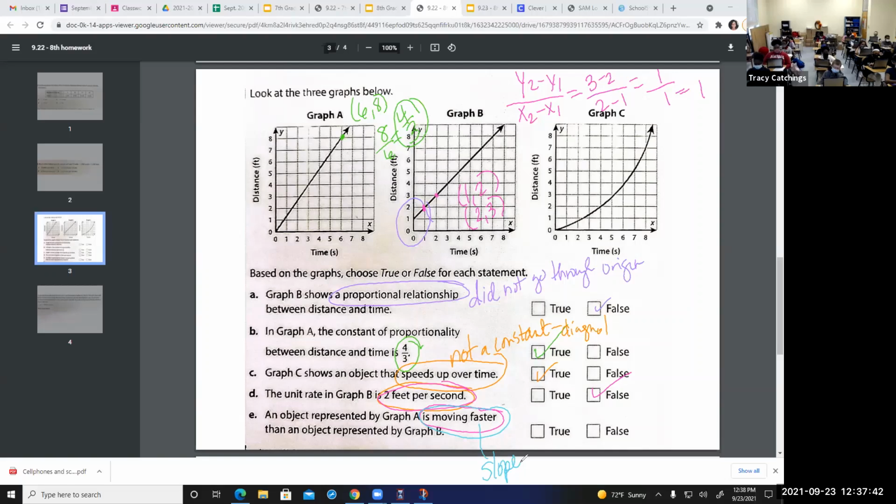So what was the slope of A? And what was the slope of B? What is 4/3 to 1? So would that be true or false? Good job. 4/3 is greater than 1. That would make it true. Good job. Question? We good?